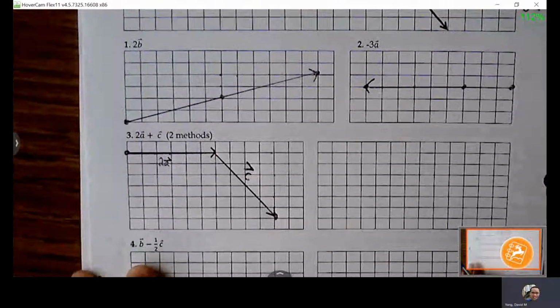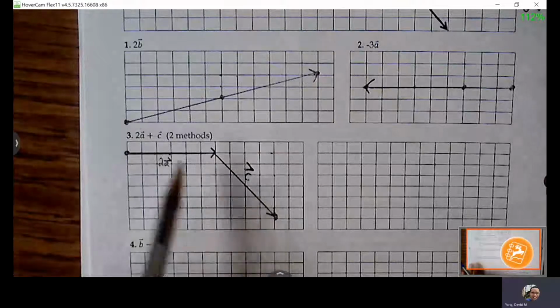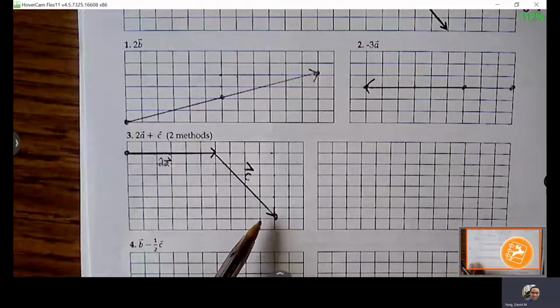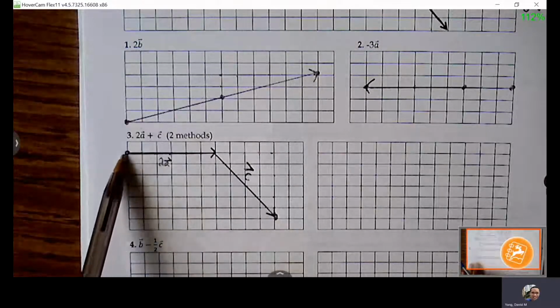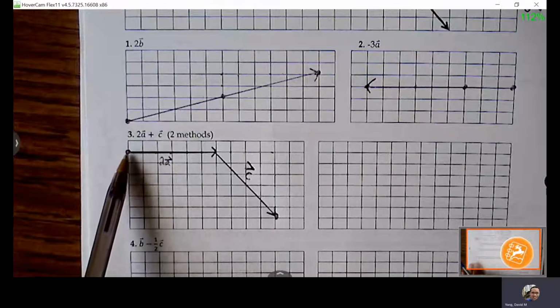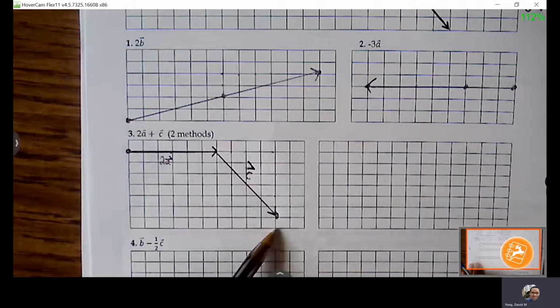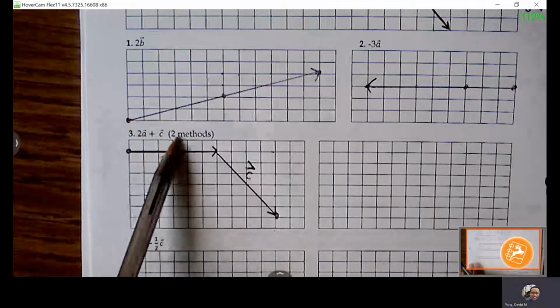So it says the resultant vector. If I add these 2 vectors together, what comes out is something that starts here and ends here. I just have to create a vector that starts at the starting point and ends at the ending point of these 2 sums.